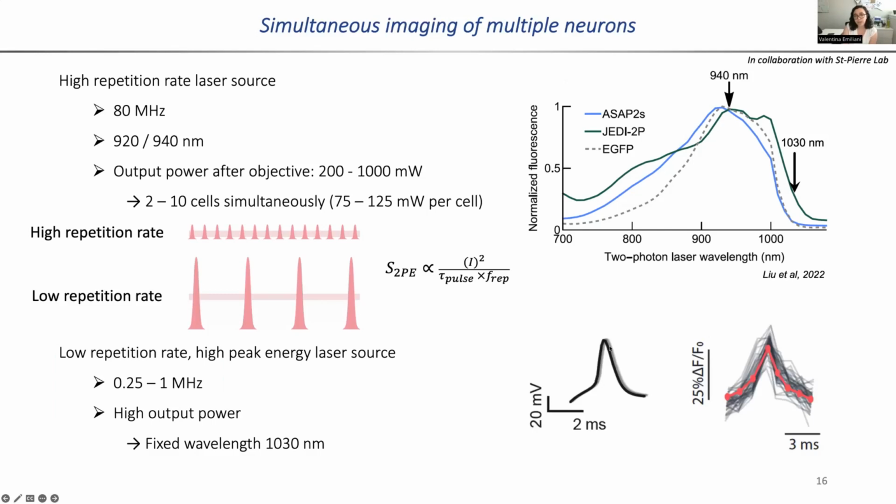So we tried at 1030 with the high repetition rate laser source. As we did before, we induced action potentials, and we could see that we were able to record this activity in single trials.